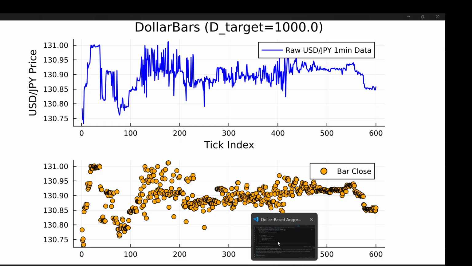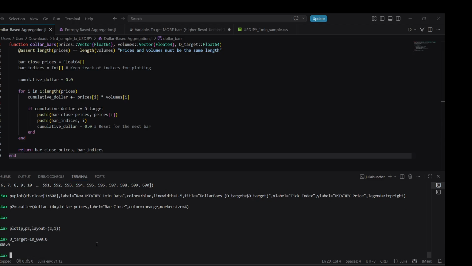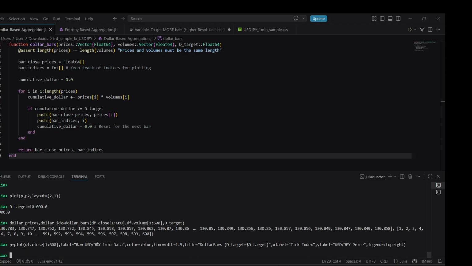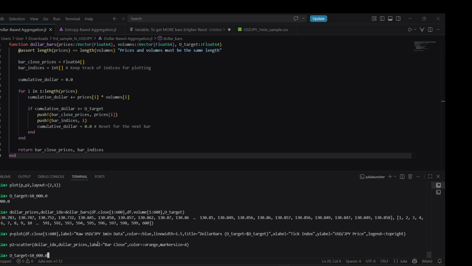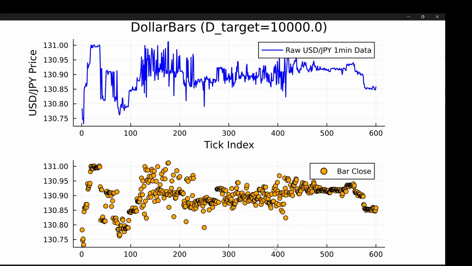But what happens when you increase that target, right? We went from $1,000. Let's do this incrementally, right? Let's go from 1,000 to 10,000. As you can see, there's slightly fewer bars.